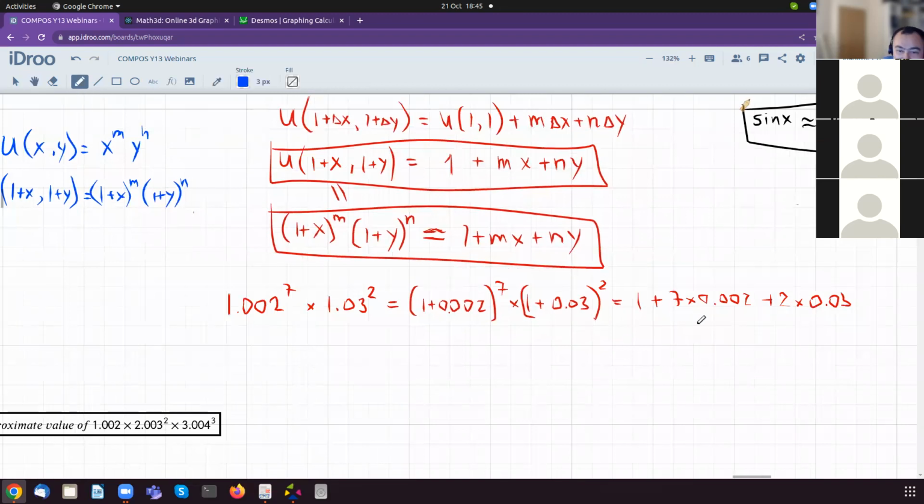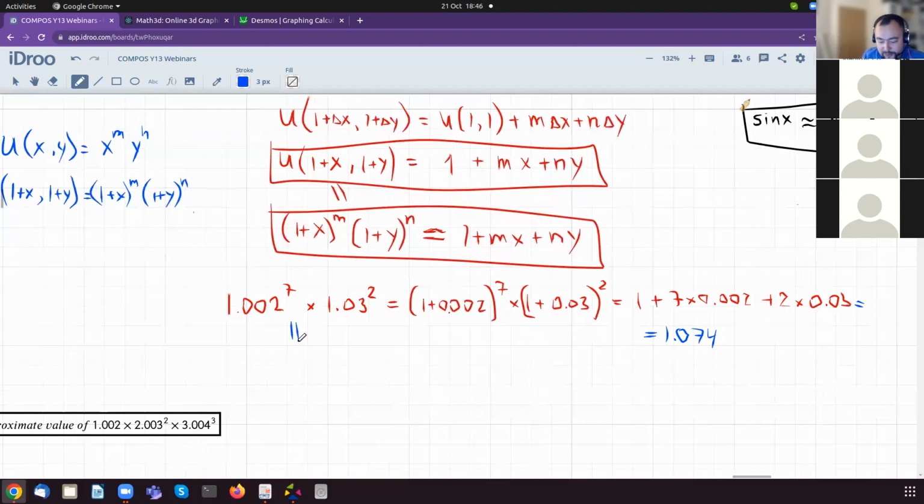Let's see if this is a good approximation. So we just grab a calculator and we do 1 plus 7 times 0.002 plus 2 times 0.03, which is 1.074.